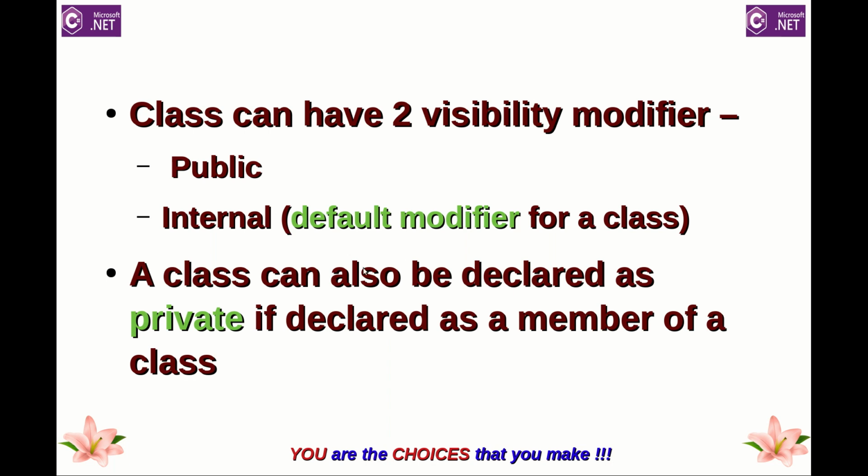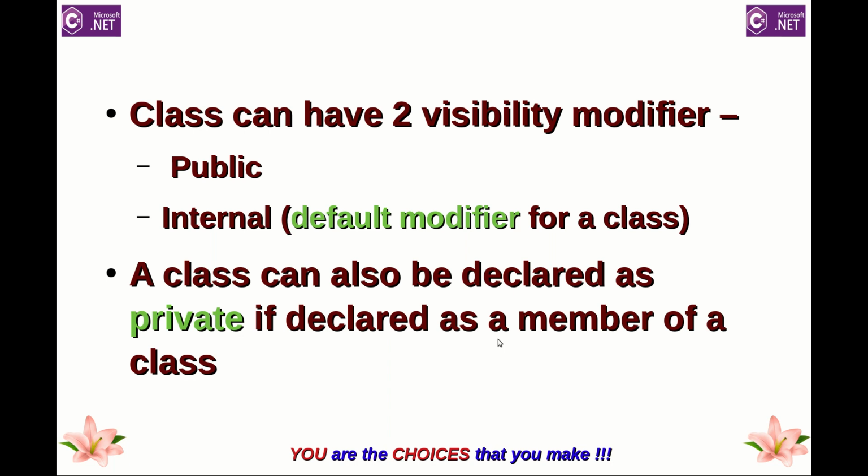Apart from that, you can also have a private modifier for a class. If you are going to have a private modifier, remember the class must be declared as a member of a class. Only then we will be using it as a private modifier. Remember, a class can also be declared as private if it is declared as a member of a class.